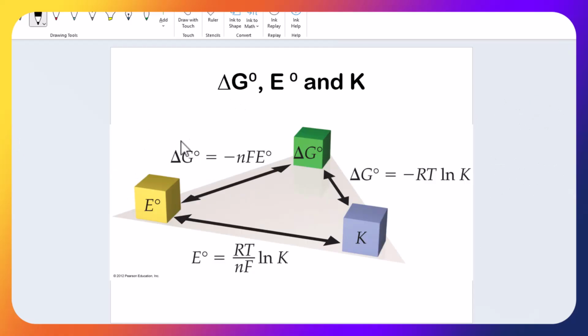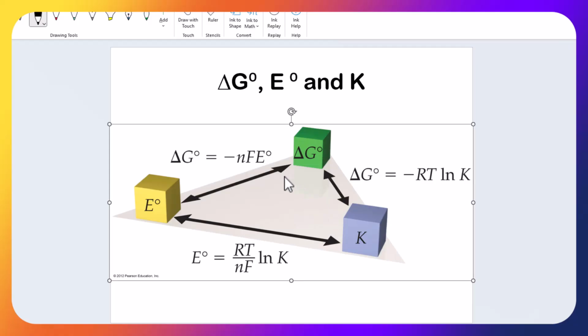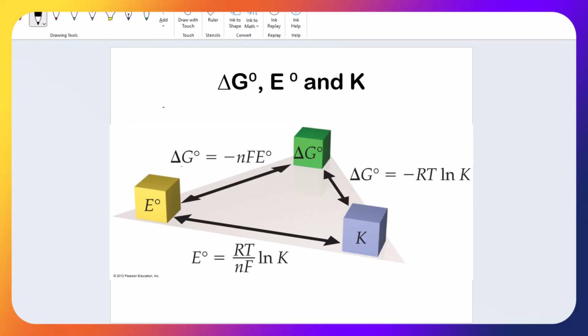All right, this is just a little diagram to help you convert from one unit to another. Handy to remember that delta G naught is equal to minus NFE naught. Delta G naught is also equal to minus RT natural log K. And so I could actually get K from delta G naught. This is going to be minus delta G naught divided by RT.